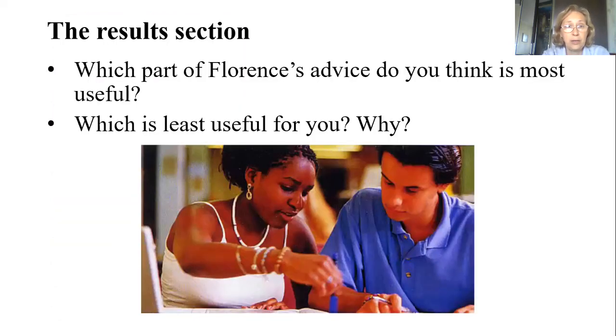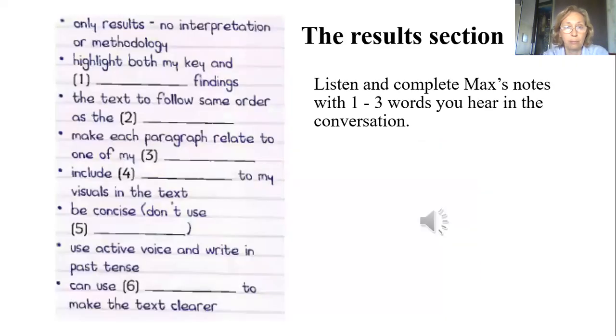8. If we move to the next slide, there is a question. Which part of Lawrence's advice do you think is most useful? And which is the least useful? Which advice do you like better from this list of advice?